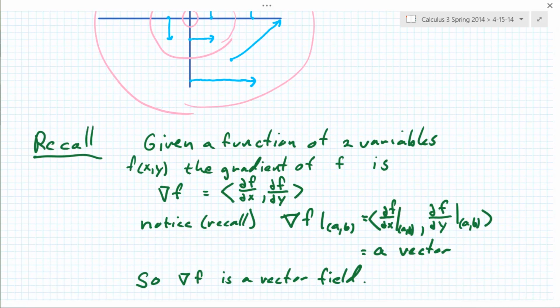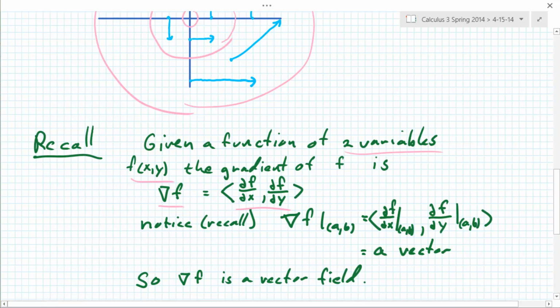So where do vector fields come from? Well, they certainly come from physical situations, but mathematically, one vector field we've already done is the gradient vector field. So remember, given a function of two variables, f of x, y, the gradient of f is the vector created by the partial with respect to x, partial with respect to y.